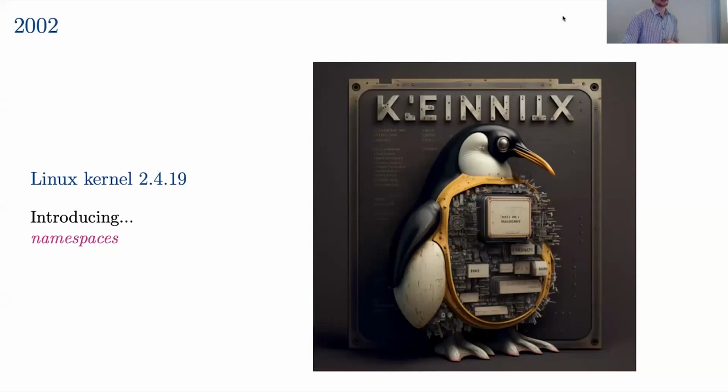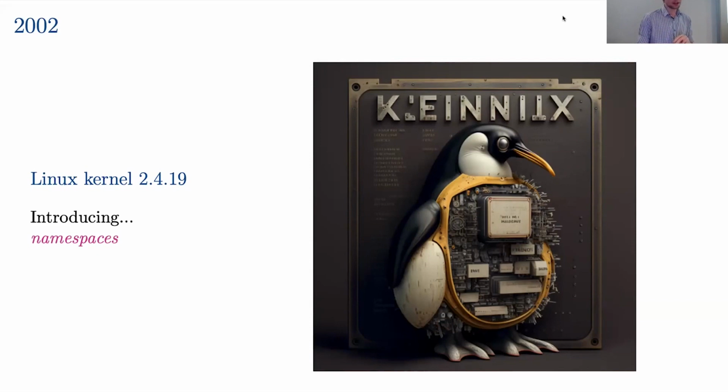In 2002, we're getting closer to today. The Linux kernel version 2.4.19 introduced our very first namespace. So a namespace is a way for Linux to isolate things, which is what we're talking about. We're talking about containers, getting things isolated and locked away.